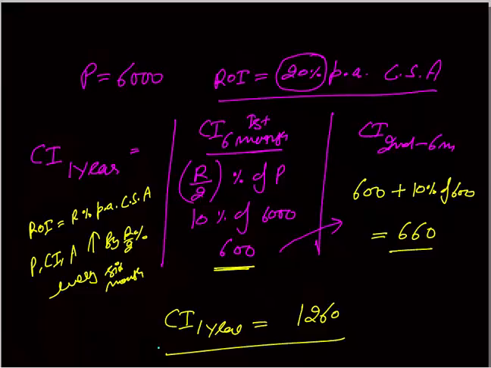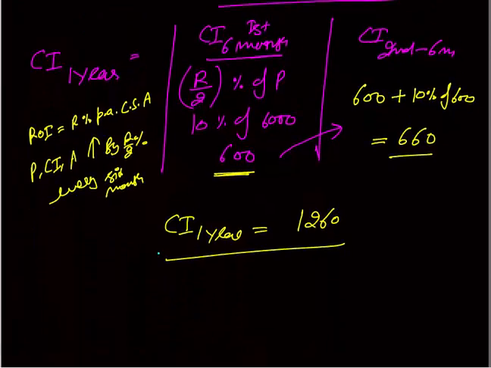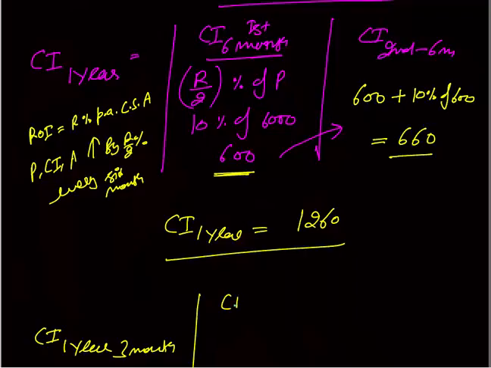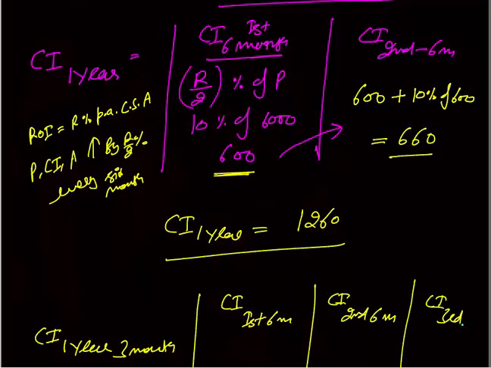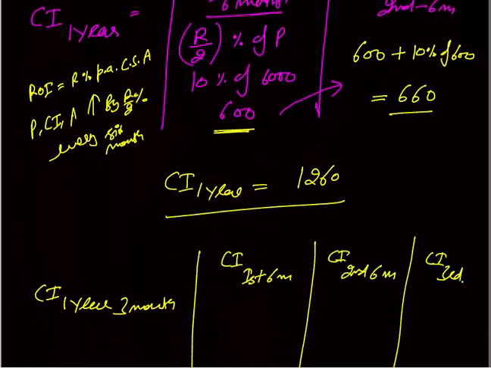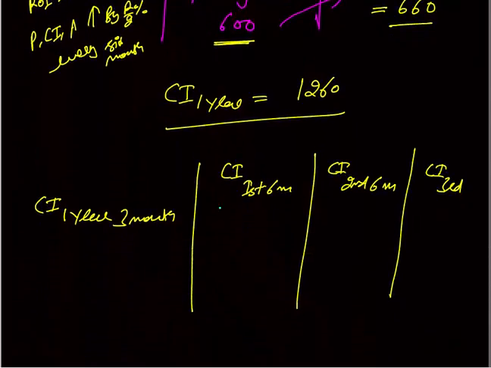What if I need to calculate the compound interest for, let's say, the same question, compound interest of 1 year, 3 months. So I will calculate compound interest of the first 6 months, the second 6 months, and the third 6 months, then I will calculate for 3 months. So first 6 months I know this is equal to R by 2% of P. Why R by 2?